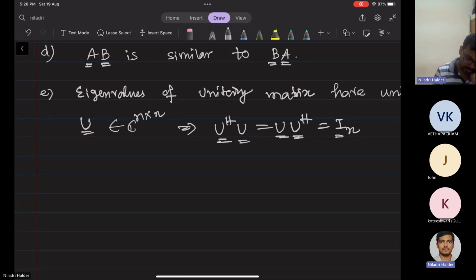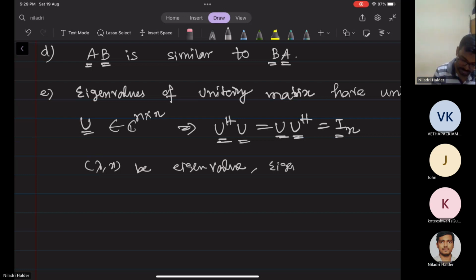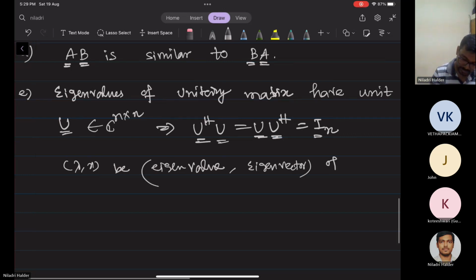Now let lambda, x be an eigenpair, I mean an eigenvalue, eigenvector pair of U.